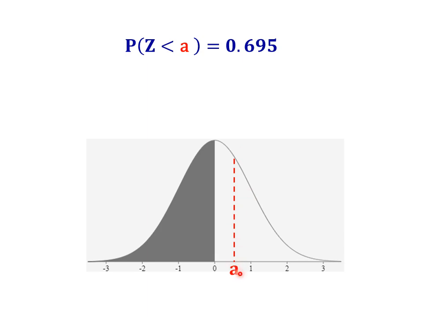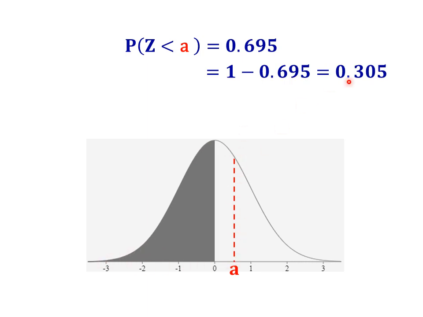So to find A, instead of referring to this bigger area here, now we refer to the smaller area. Observe that this probability is the probability for the bigger area here. So therefore, to find A by referring to the smaller area, we have to take the probability of the whole bell curve, which is 1, minus the probability of this bigger area.